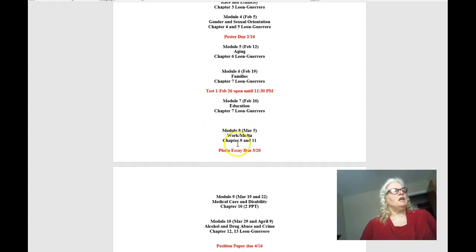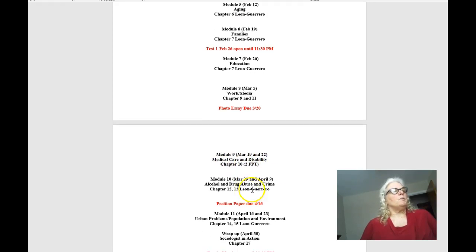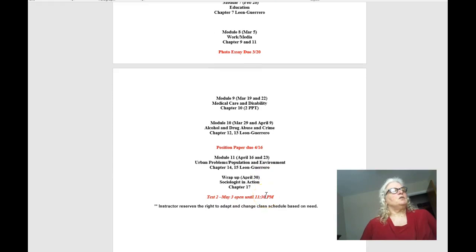Again, Module 9 here, you'll see that Chapter 9 and 11 are put together, and we'll see that medical and disabilities come together, and this actually is a 2-week module. Another 2-week module comes along as we combine drugs and alcohol as well as crime. And you can see they tie well together. And again, another 2-week module where urban problems and population and environment wrap together.